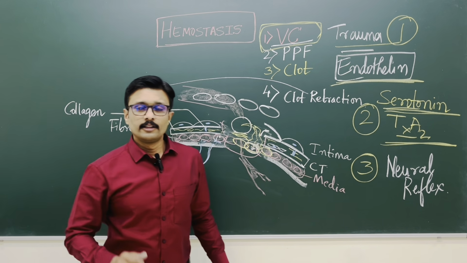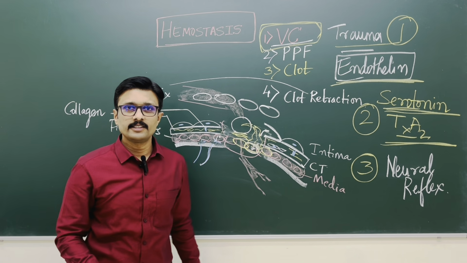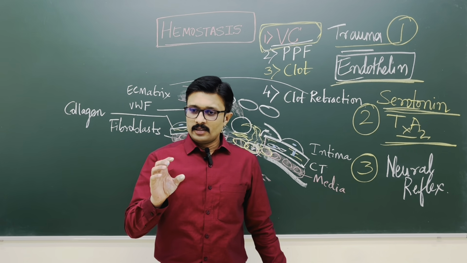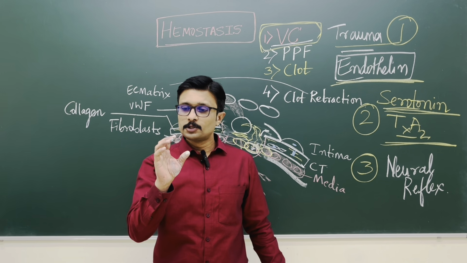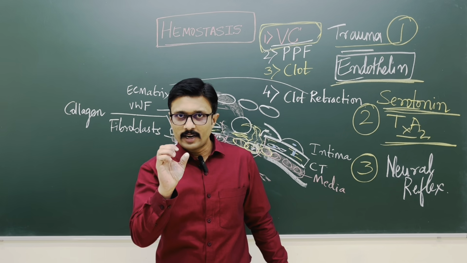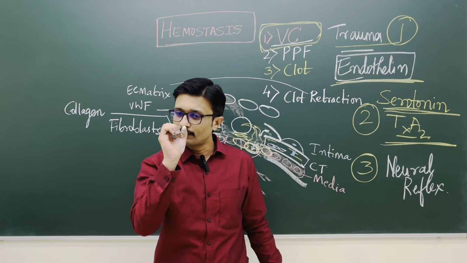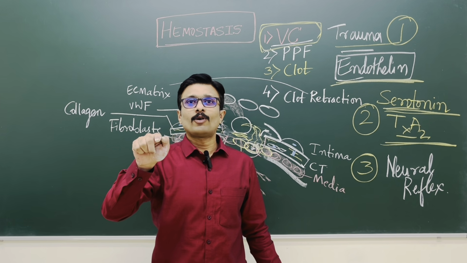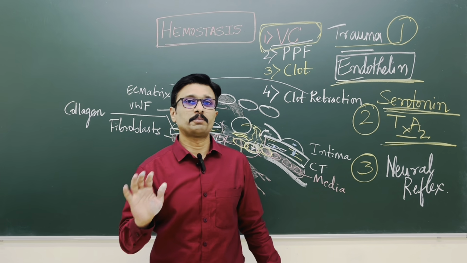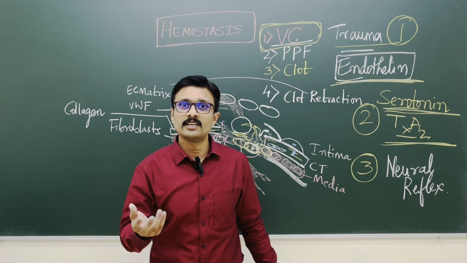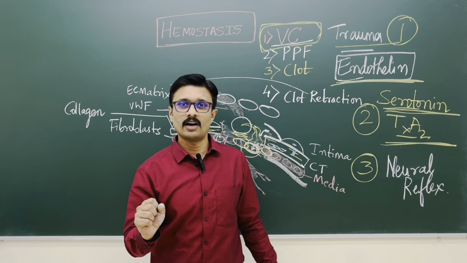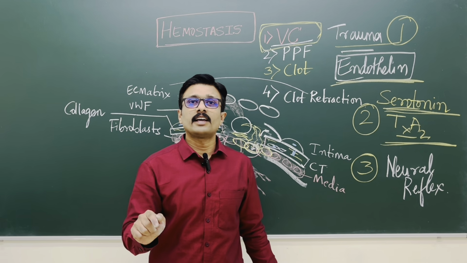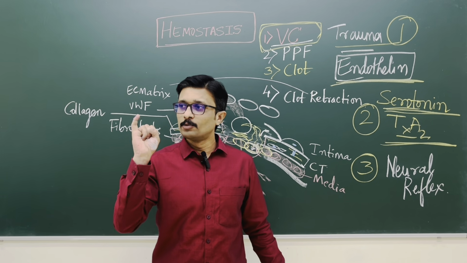So to summarize, the first step in hemostasis is vasoconstriction. Vasoconstriction is the contraction of the smooth muscles lining the wall of the blood vessels, resulting in narrowing of the lumen. Thereby, the blood flowing through the vessel is reduced and blood loss is prevented. The factors that cause vasoconstriction are: one, local factor, that is the direct trauma acting as a mechanical stimulus for smooth muscles.